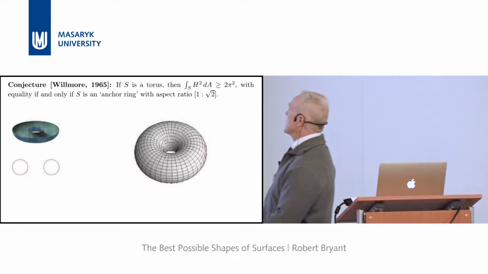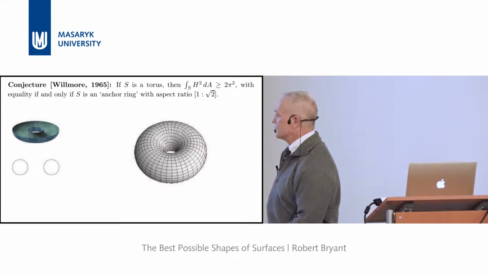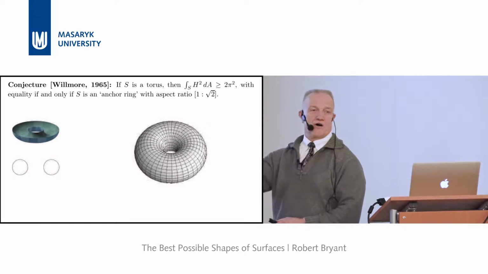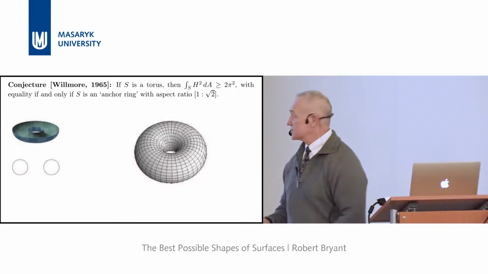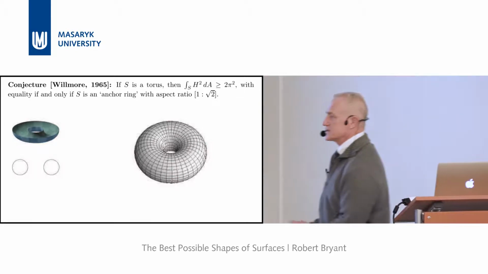And what do I mean by an anchor ring? I mean take a circle and revolve it around an axis, and you'll sweep out what's called an anchor ring surface.